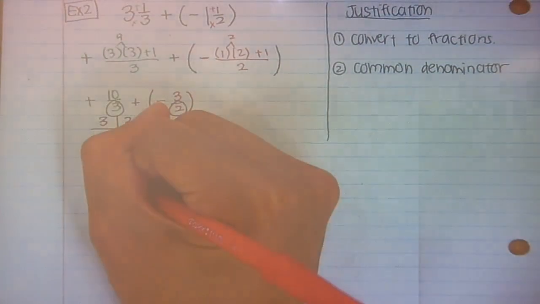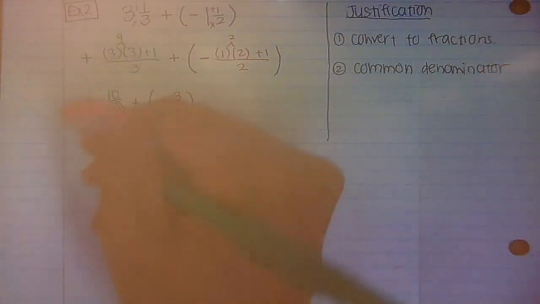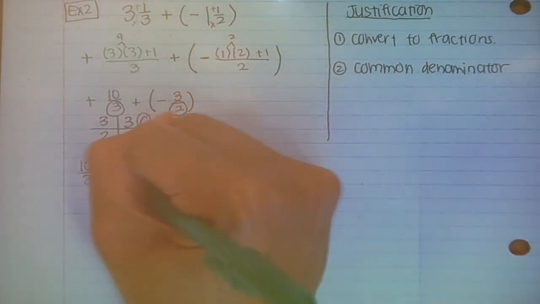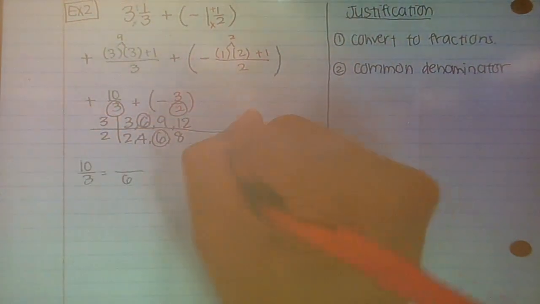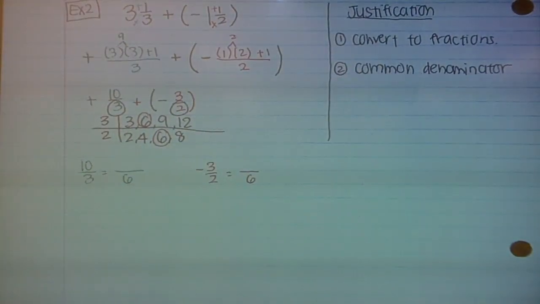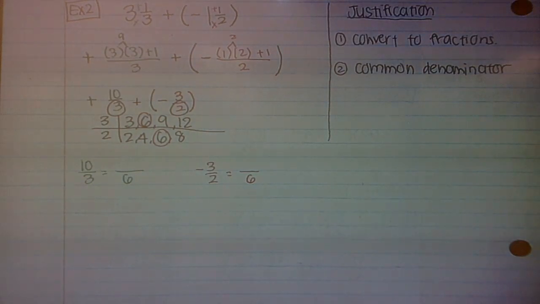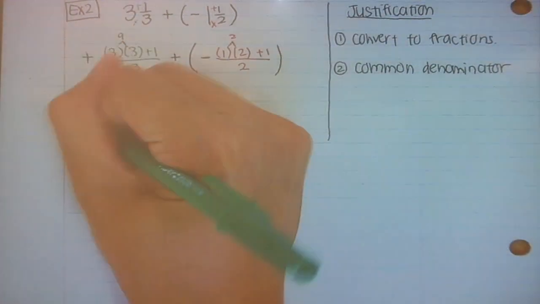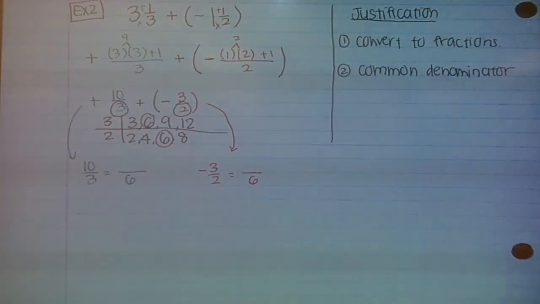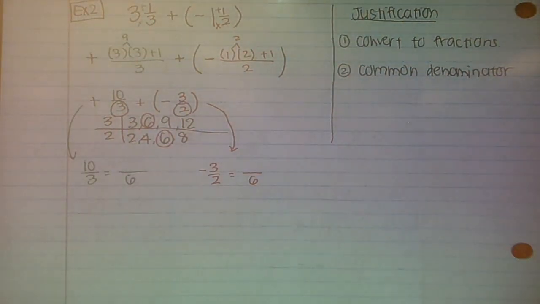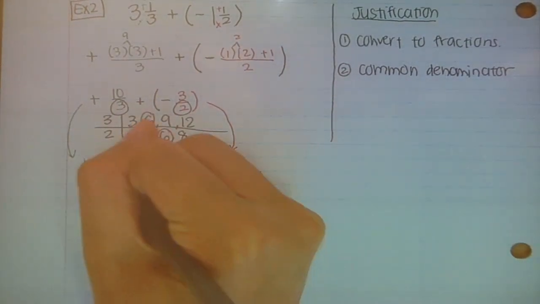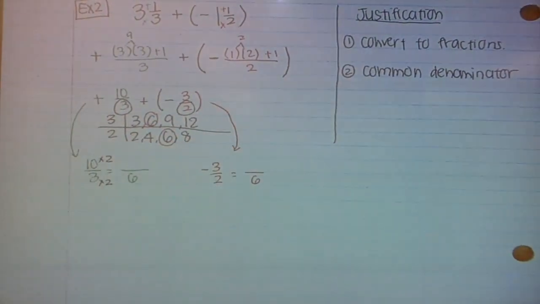So I need to turn a positive 10/3 into something over 6. And I'm going to take my negative 3/2 and turn it into something over 6. So I have to see 3 times something is 6. I know 3 times 2 is 6, so I multiply the numerator by the same.